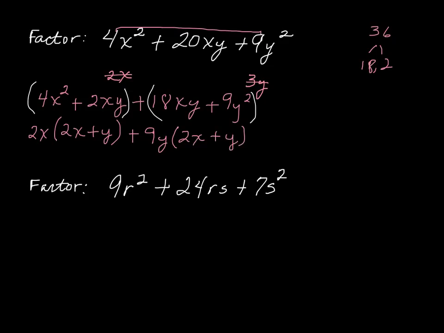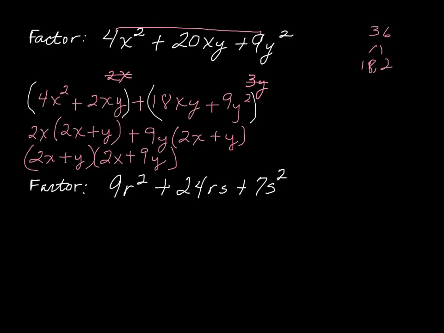And all together, when we factor out the 2x plus y, we have 2x plus y times 2x plus 9y. So you see, it's not a perfect square because we don't end up with the same binomials. So this is the factored form, and it's not a perfect square.